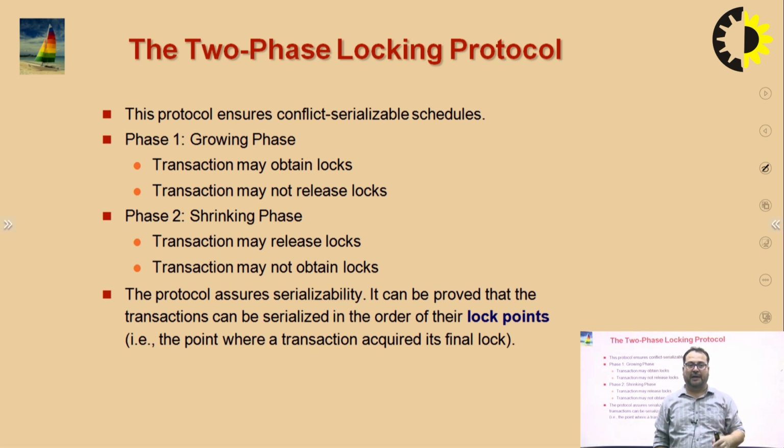If a transaction or set of transactions follows just two phases, growing followed by shrinking, then and only then can we say it ensures serializability.